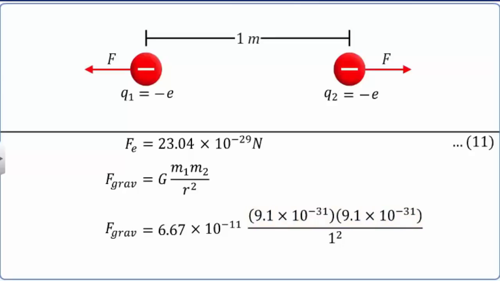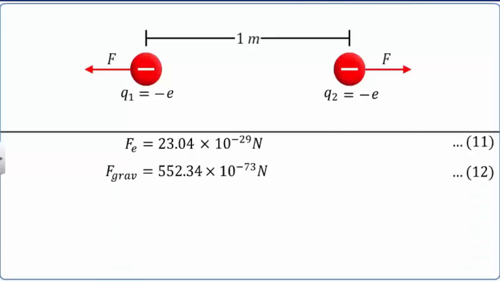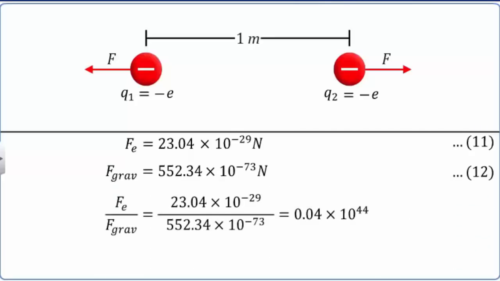Substituting the values of the various parameters, we have the gravitational force between them equal to 552.34 into 10 power minus 73 Newton. Let this be equation 12. Dividing equation 11 by equation 12, we have the ratio between electrostatic and gravitational forces, and we can see that the electrostatic force is enormously greater than the gravitational force.